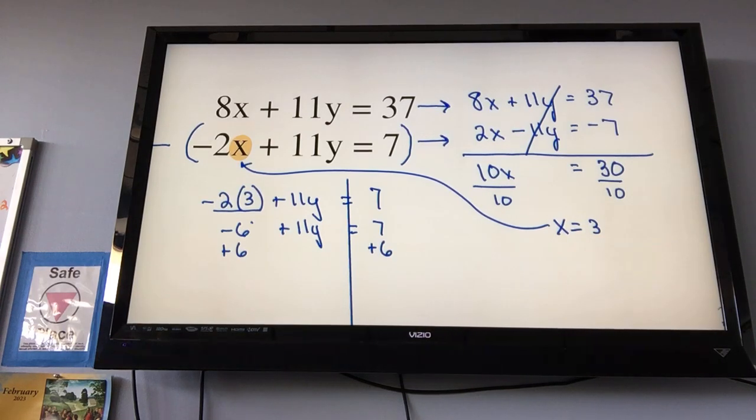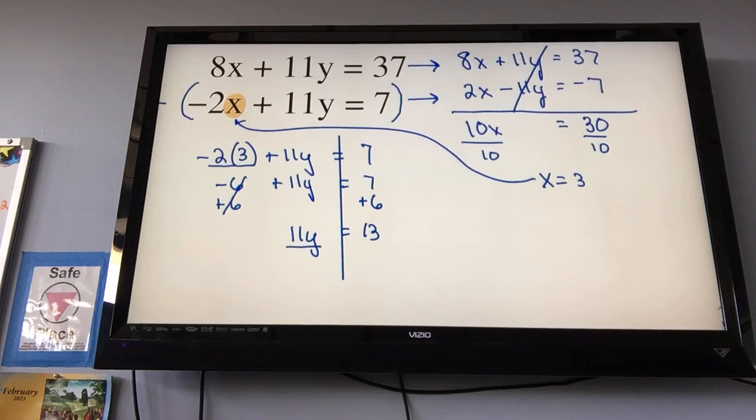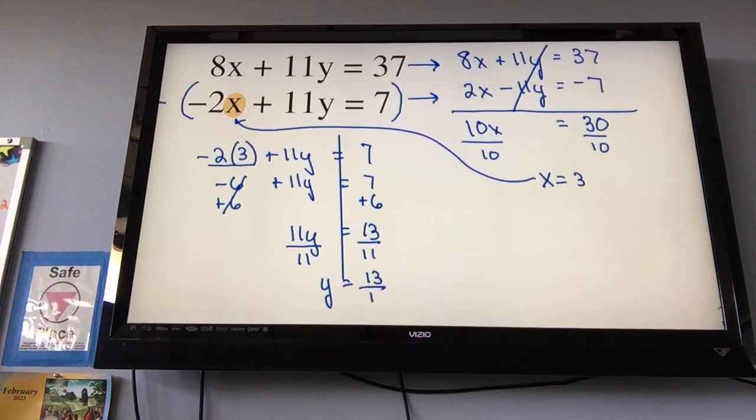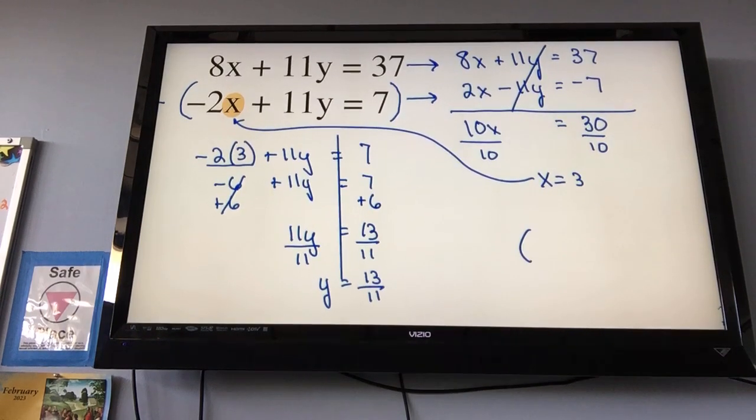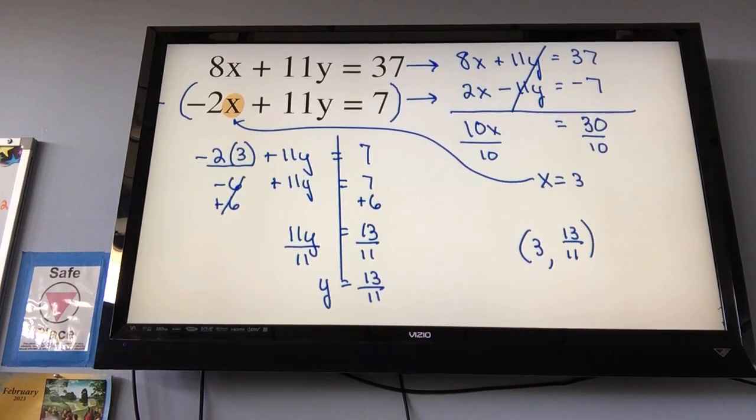So 11 cancels, 11y equals 13, and divide by 11. And I get 13/11. Weird answer, doesn't happen very often, but you can get a fraction for an answer.